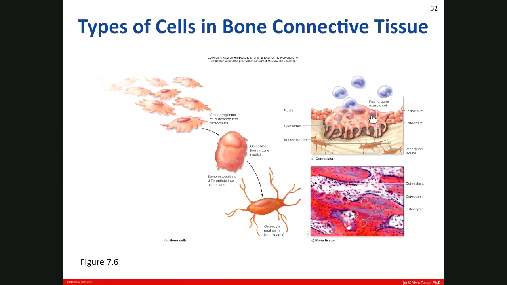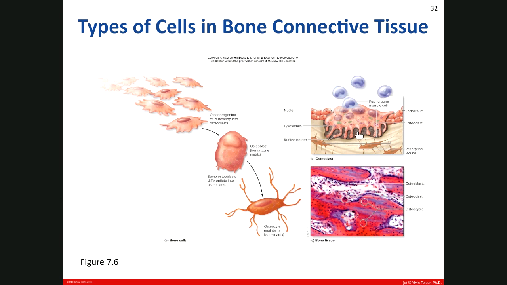And on the surface of these osteoclasts, you can see a ruffled border. You have many folds on the border. We call it ruffled border. This ruffled border increases the surface area, and they can do reabsorption of the bone. The osteoclast is located in the periosteum and also endosteum.